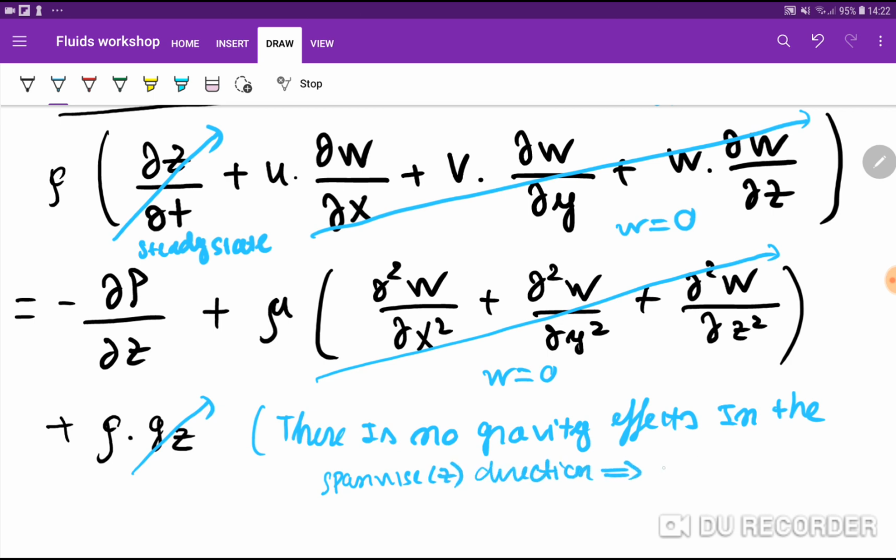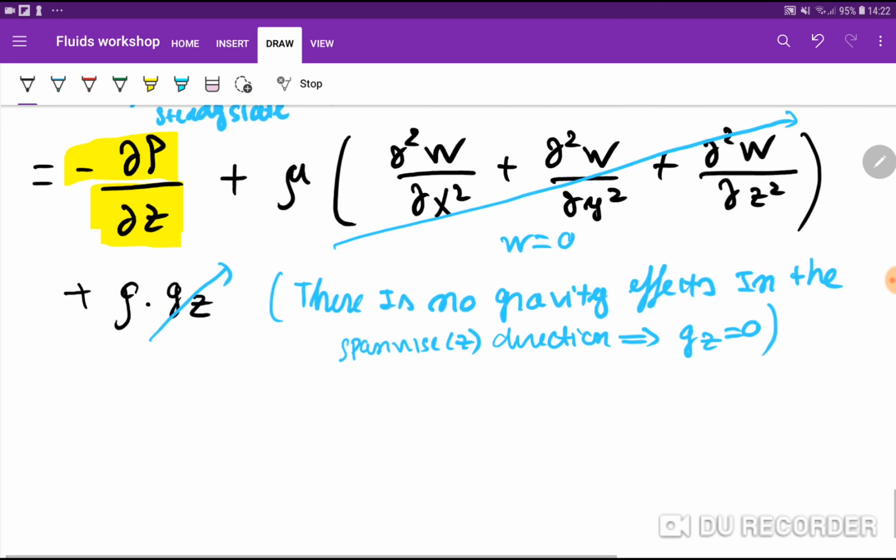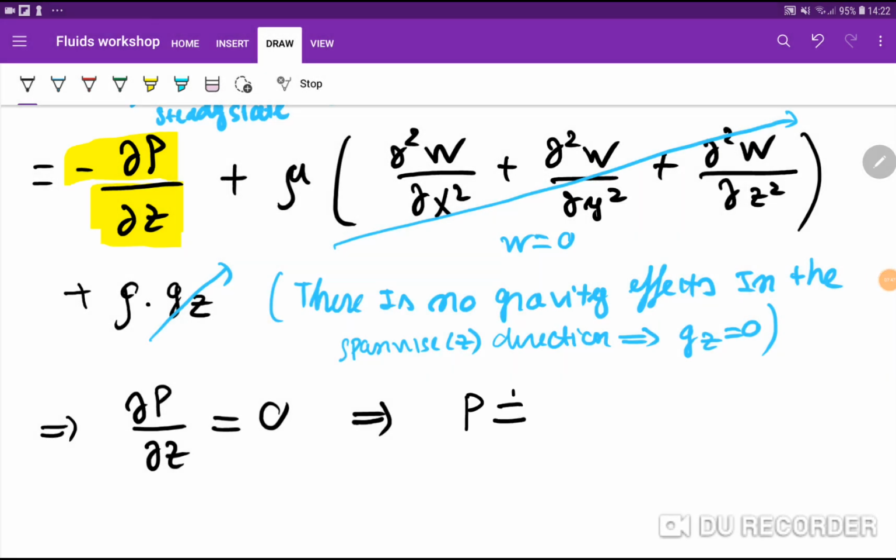Therefore, gz is 0. Wonderful. So what term do we have left? Yes, we have this term left. So what does it imply? It says partial p over partial z is 0. Okay, so it means that the pressure is not a function of z.